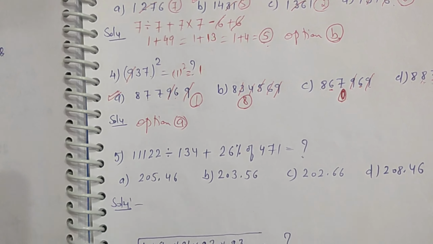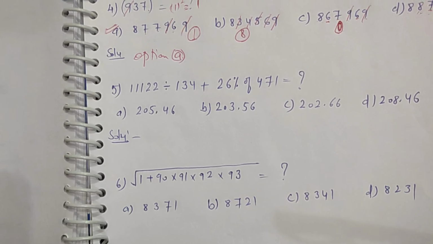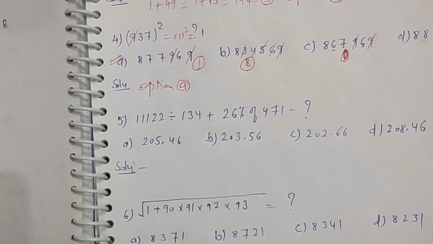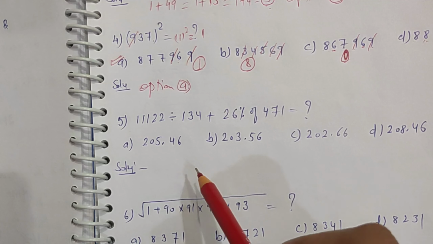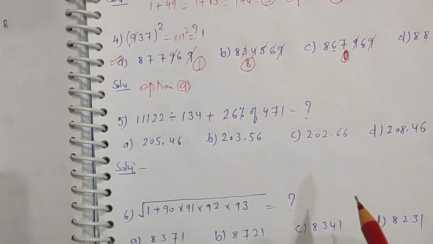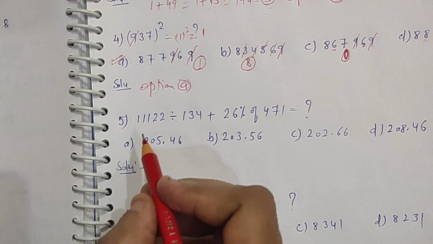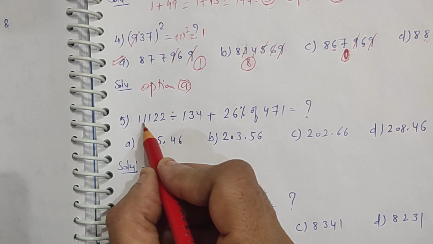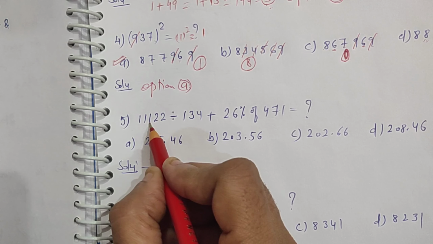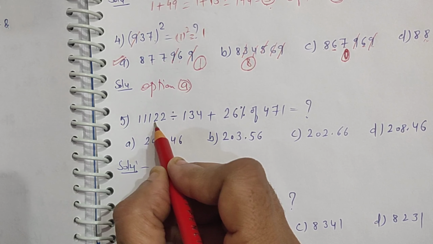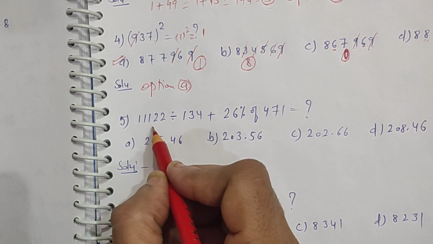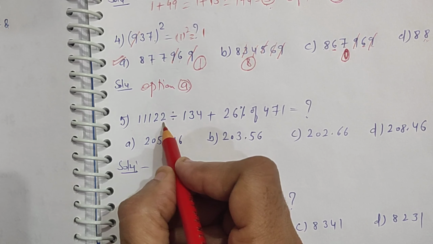Now let us move to the fifth question over here. This you will see again a complicated one if I look, but when I will go on solving, it will be quite easy sum, right? How? Let us start it. 1 plus 1, 2 plus 1, 3, 3 plus 2, 5, and 5 plus 2 is 7.